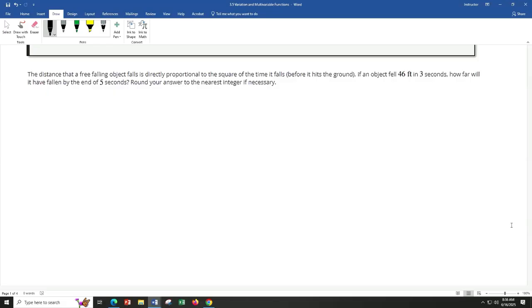The distance, there's my variable, however you want to put it, that a free falling object falls is directly proportional. That's going to be an equals k, and I'm going to be doing multiplication. Proportional to what? The square of the time it falls. And so notice that I'm just going to put t squared. And there's my formula.